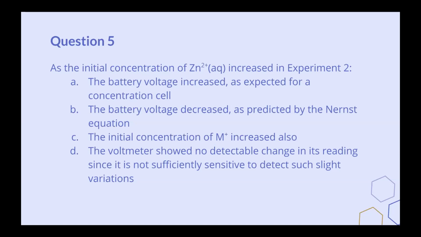I'm not quite sure if I got this correctly, but I kind of did it by process of elimination. Since they told us the initial concentration, I looked at what was happening to the E as the initial concentration was increasing, and I saw that it was decreasing. So that's how I got my answer.